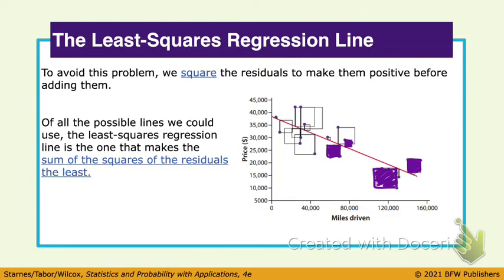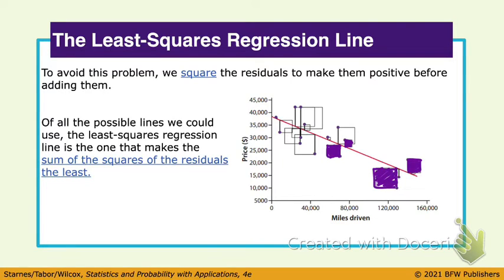It's the least of the sum of the squares of the regression line. Make sense? Again, you guys never have to do this process, which is so nice. You never have to add up all the areas or square the residuals yourself. The calculator is going to do it for you. But that's why it's called what it's called.